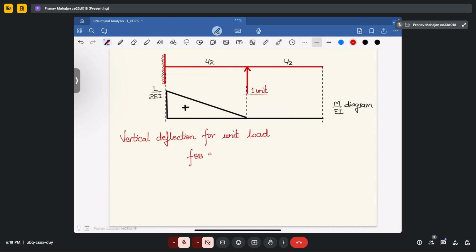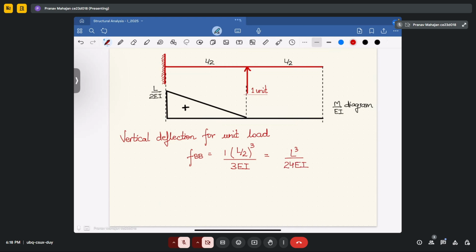It will be equal to PL cube upon 3EI. So here P is 1, multiply by L by 2 because length is L by 2, divided by 3EI, and that will give you L cube upon 24 EI.